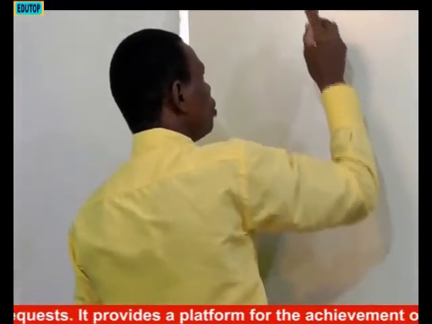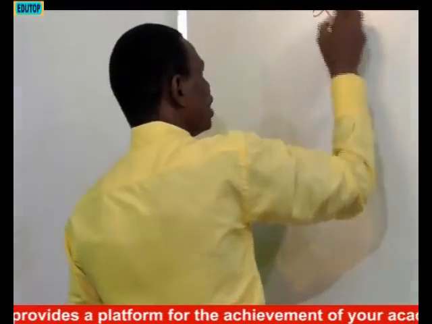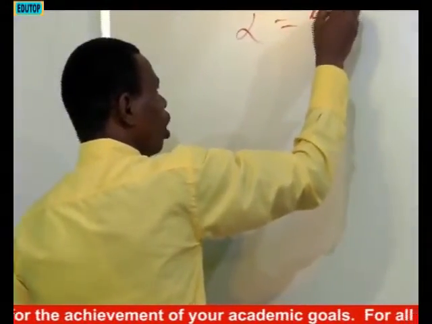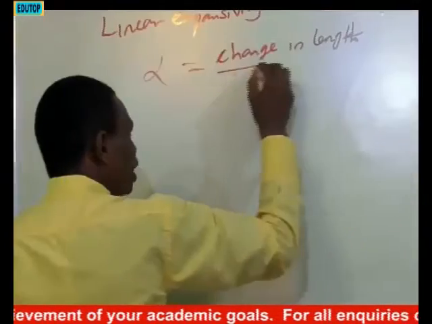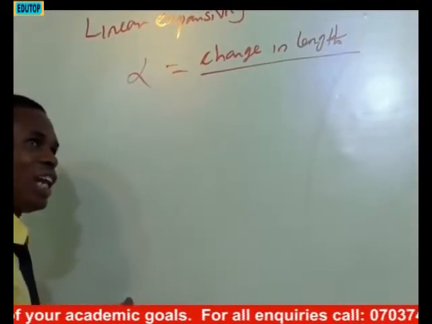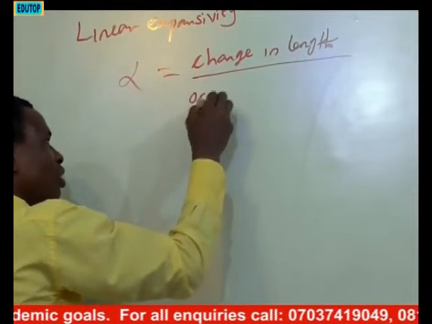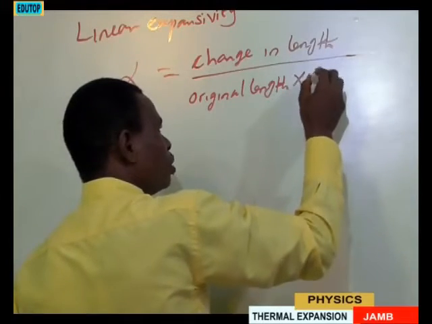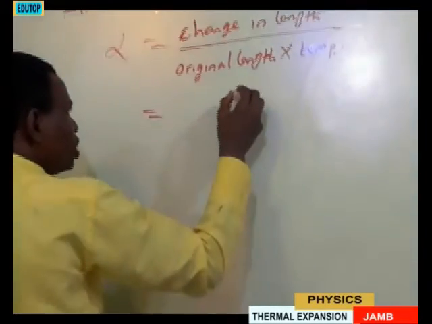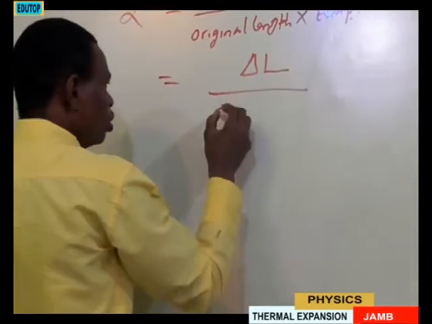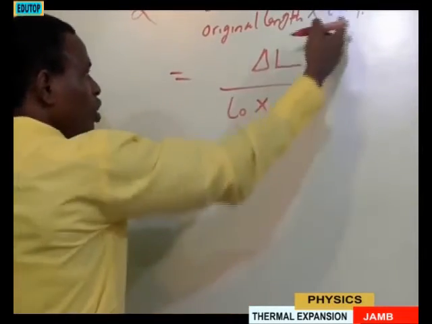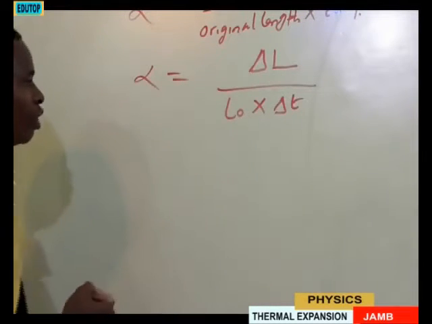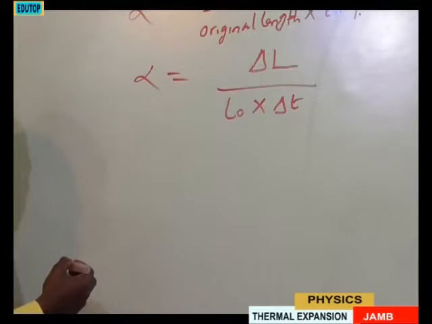From that definition, linear expansivity, this is alpha, is equal to change in length, or increase in length, per unit length, that is original length, then per degree rise in temperature. So alpha is equal to change in length over original length times change in temperature. That's what we have for linear expansivity.